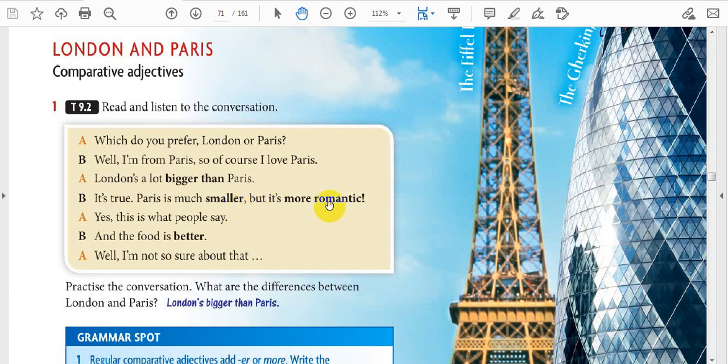And here, the adjective romantic comes with more than one syllable.